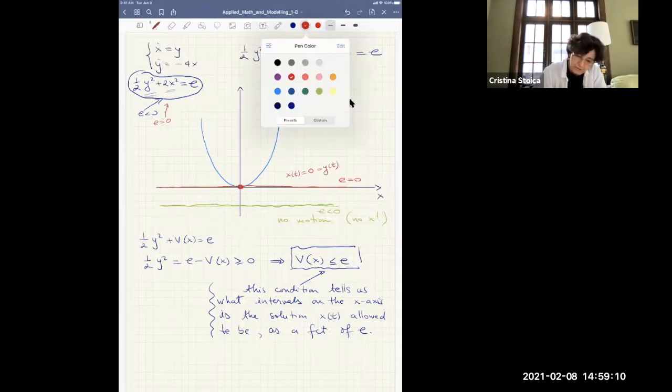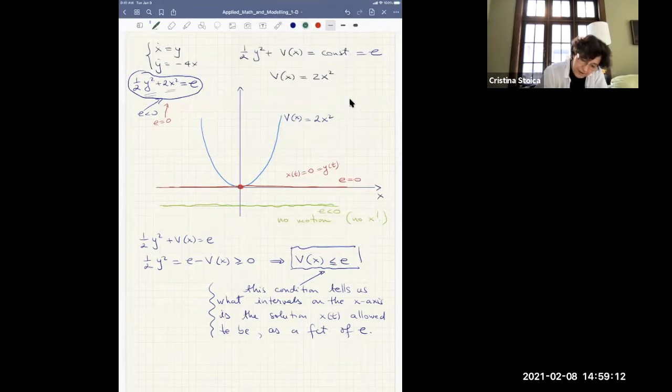Okay, so what about if we take a level of energy that is above now, right? So here is some E that is positive. And you know, the main condition is that we have to be with the function, right? Those values of x that are under this horizontal level.